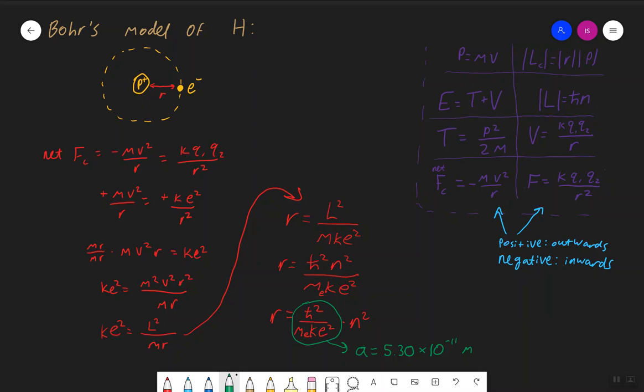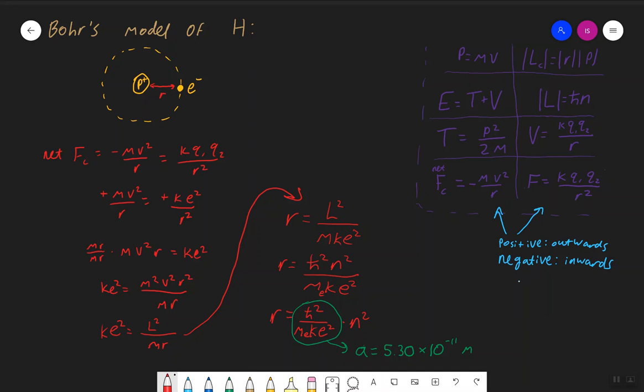So this is about 5.3 billionths of a centimeter, which is very, very small. But it appears this is the radius, at least for the first energy level, for n equals 1. When n equals 1, this is the radius, and that's why some people will call it R1. And we call it the Bohr radius.